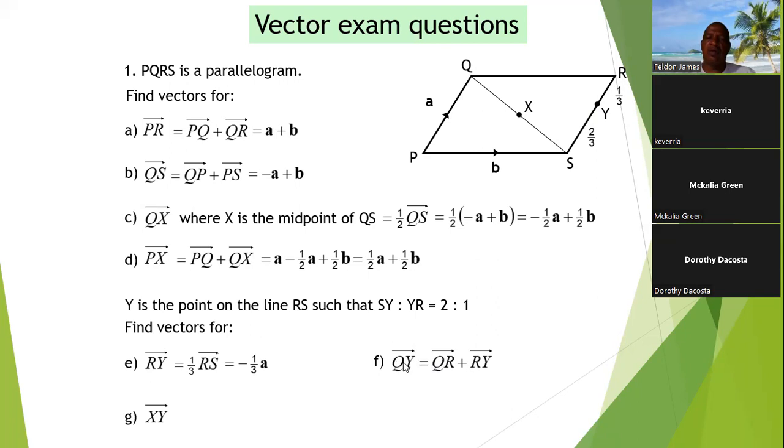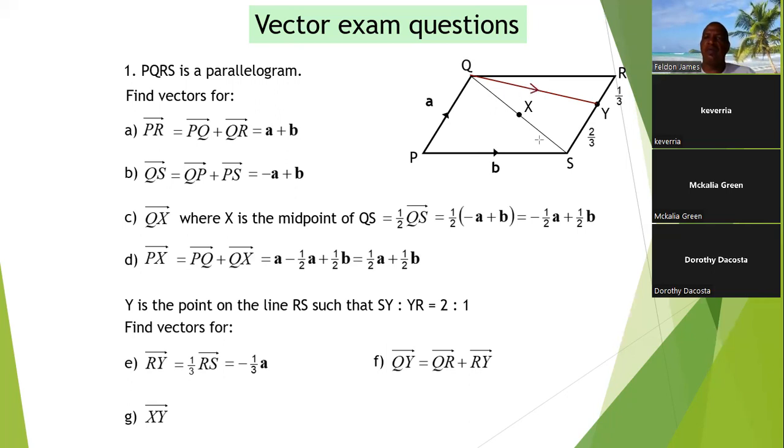And this one now, QY, from Q to Y, you would draw a line from Q to Y. To go from Q to Y, which other direction could you go?